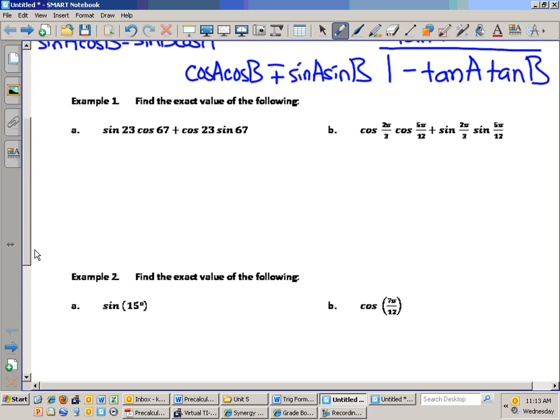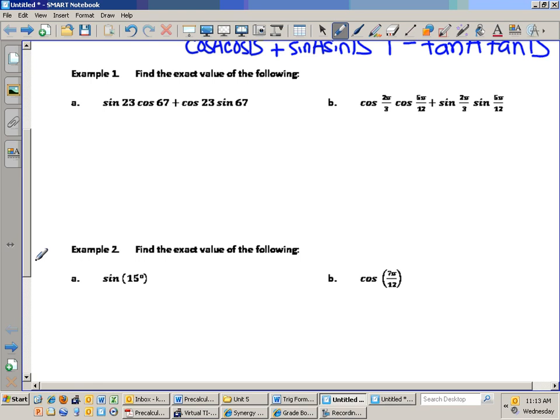First example, find the exact value of the following. Sine of 23 degrees, I should have written degrees, times the cosine of 67 degrees plus the cosine of 23 degrees times the sine of 67 degrees. I want to find that exact value. And I realize that it fits the form of sine of some angle A plus some angle B. What is A in this scenario? 23.